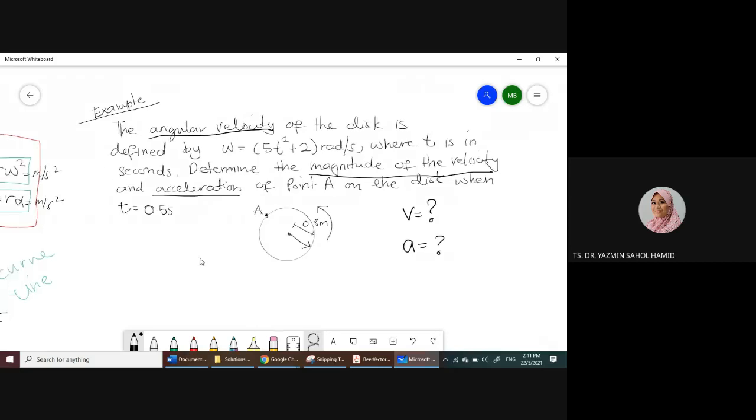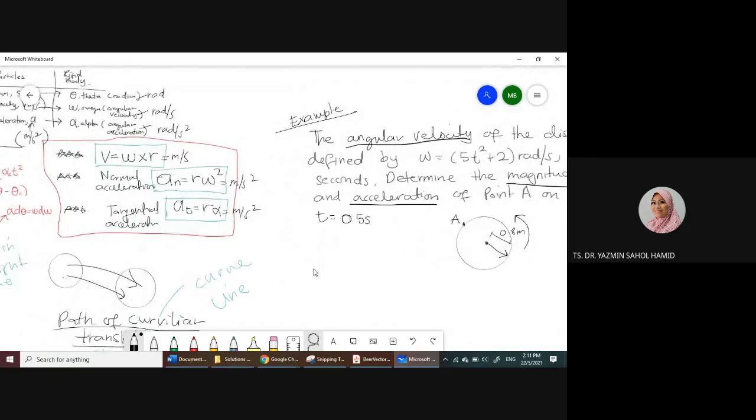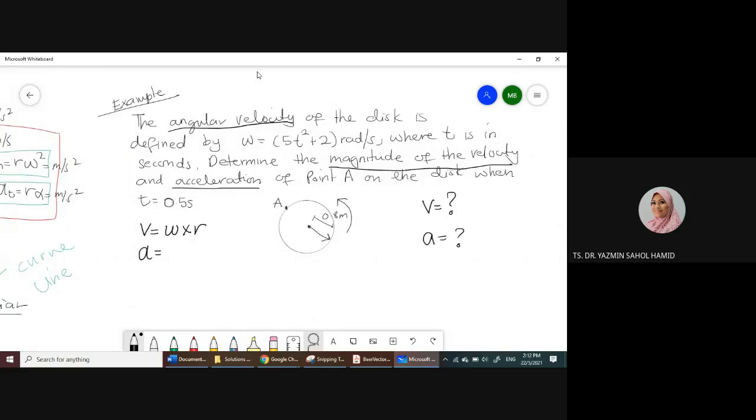Okay, so when you read this question, let's go back to the formula. It asks us to find V. What is the equation for V? V equals omega R, omega times r. And what is the formula for acceleration? How do you decide whether to use the normal acceleration or the tangential acceleration? Good.